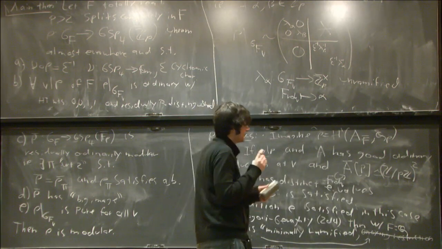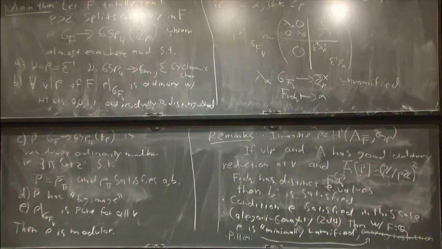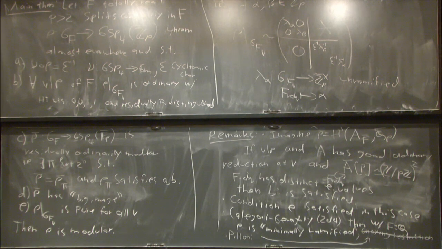Can we match up? Yes, in fact, at the end of the day, you get local-global compatibility everywhere. That's not completely obvious, because for instance, if you just start with an automorphic form of weight 2 and look at its Galois representation, you can only prove local-global compatibility up to semi-simplification.